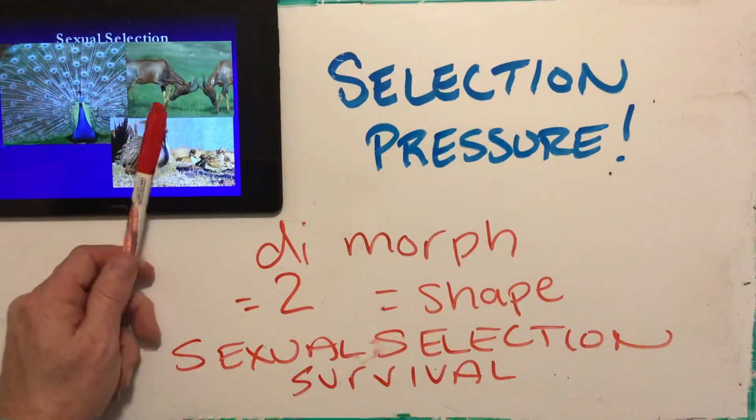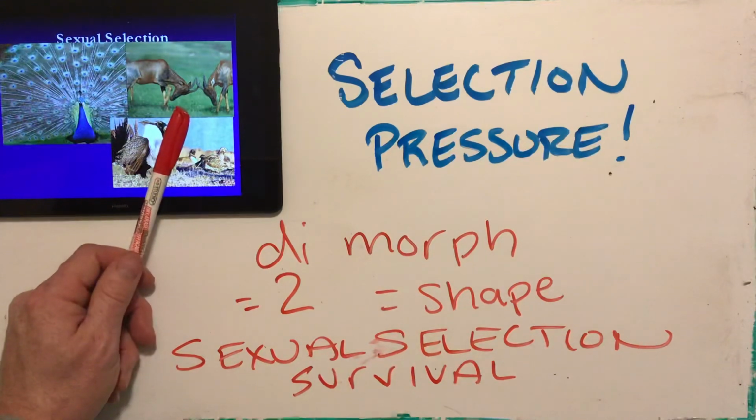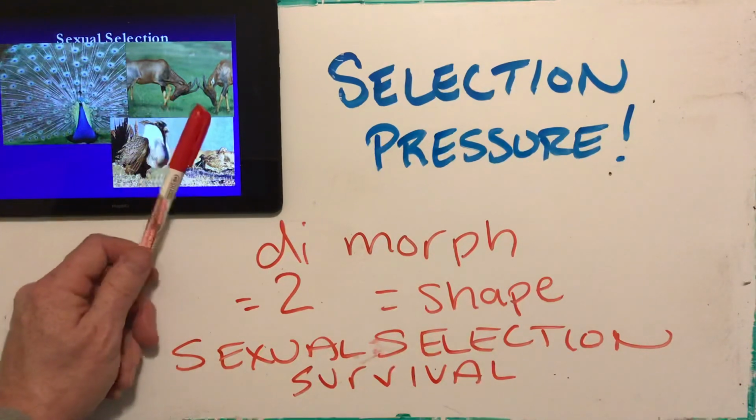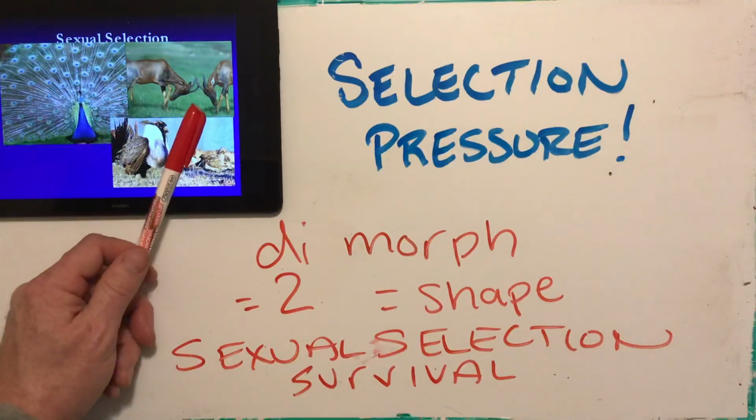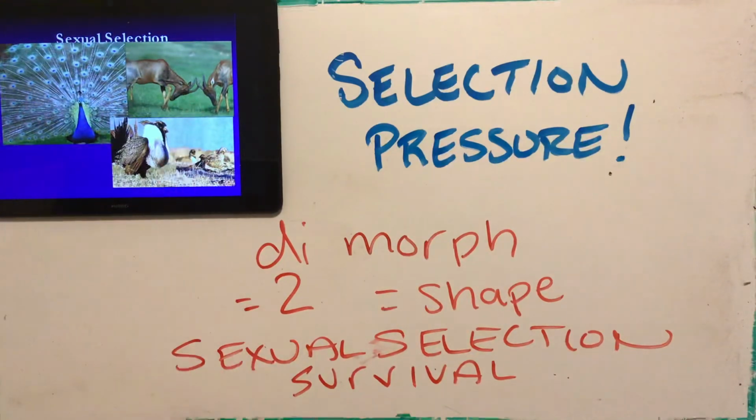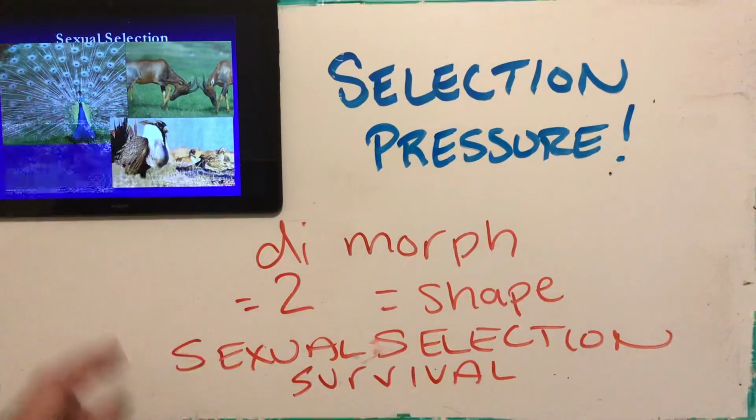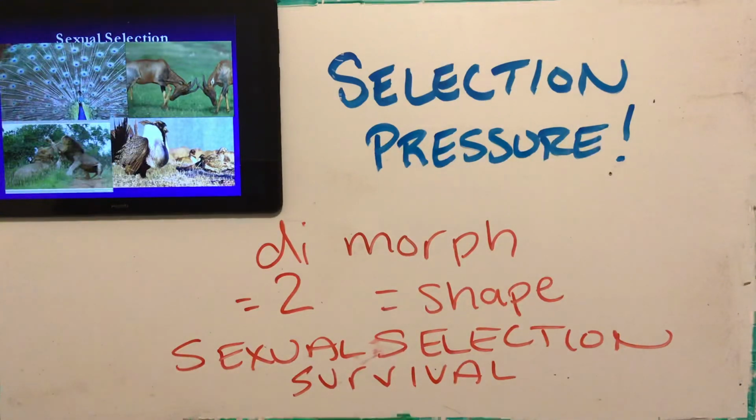And of course, sometimes it comes down to a battle, right? So the males will compete and fight each other for control of the females in the group, right? So we have some antelope fighting, and of course lions, right?